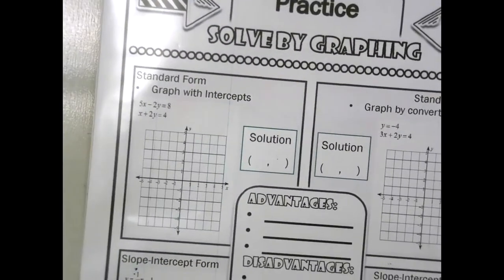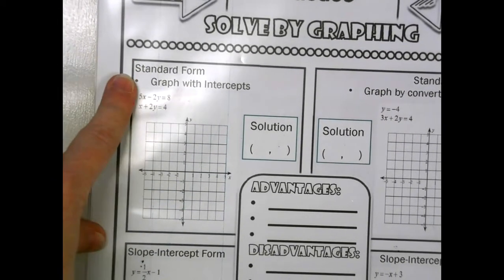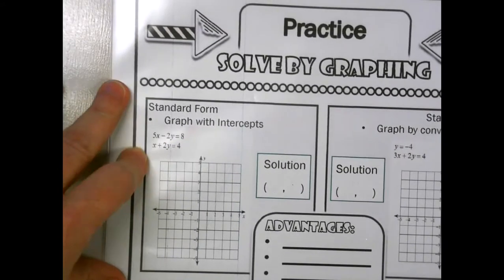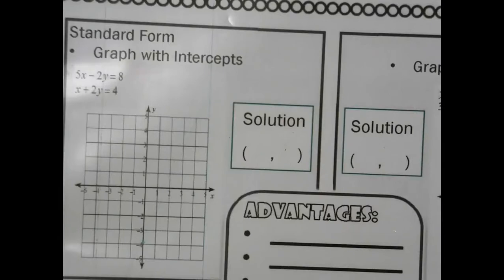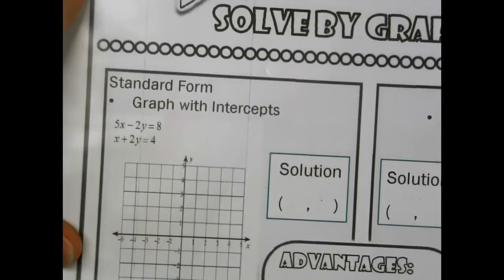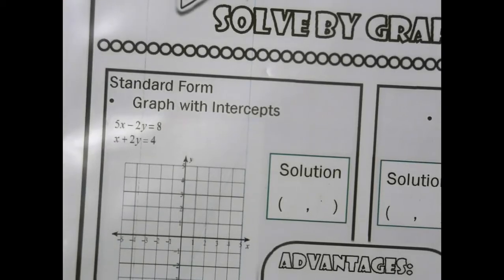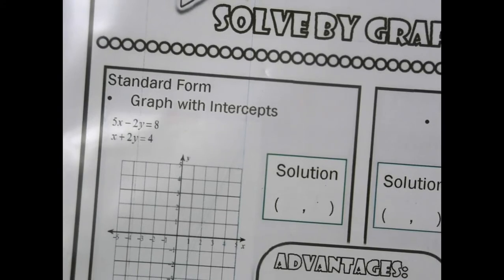So on the back here, if they are in standard form, Desmos will let us graph them, right? But the calculators that we have in class, that we're supposed to have locked down, will not allow you to do that. So what is another way that you can graph these?